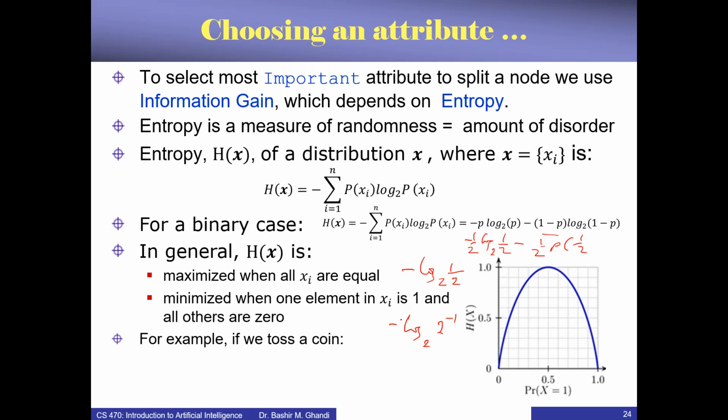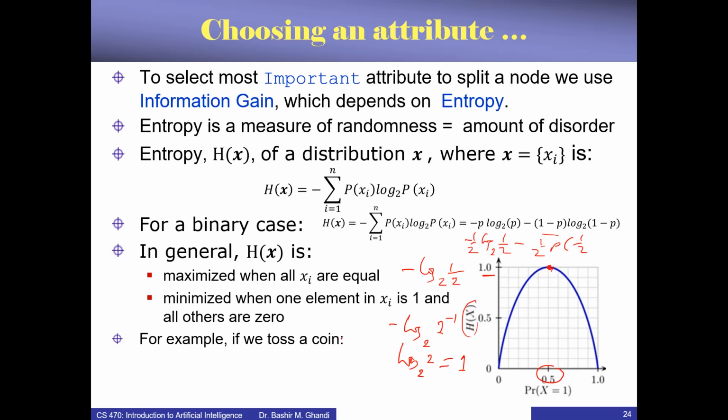So if you take minus 1 and multiply it with this minus 1, you will end up with log to base 2 of 2. And we know log to base 2 of 2 is 1. So you can see that if the coin is fair and the probability of getting head is half and the tail is also half, we will have the entropy H(X) equal to 1. So that is the maximum entropy.